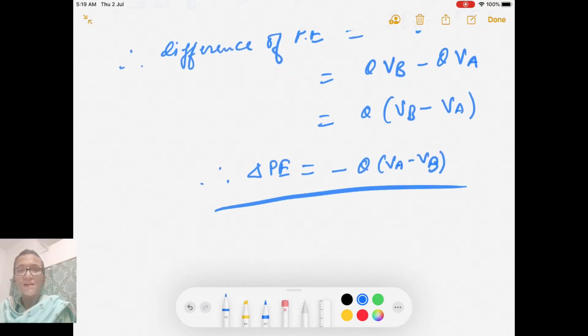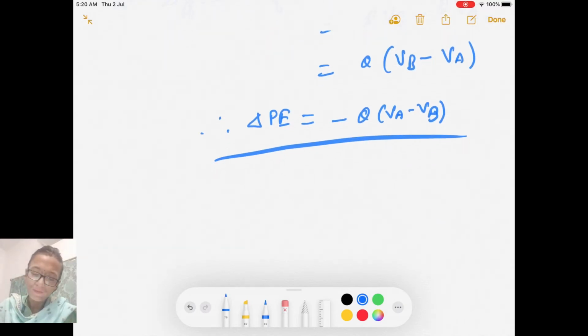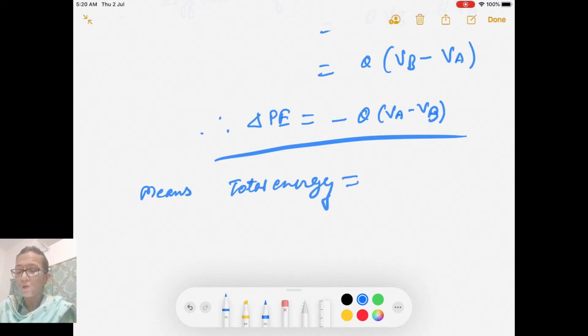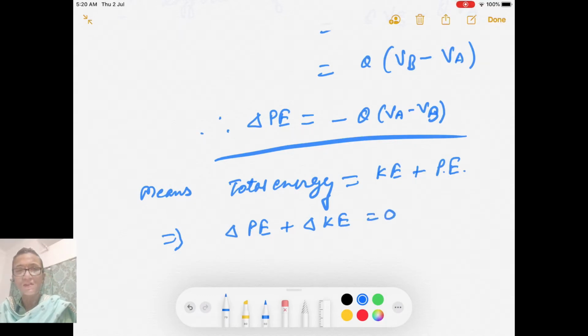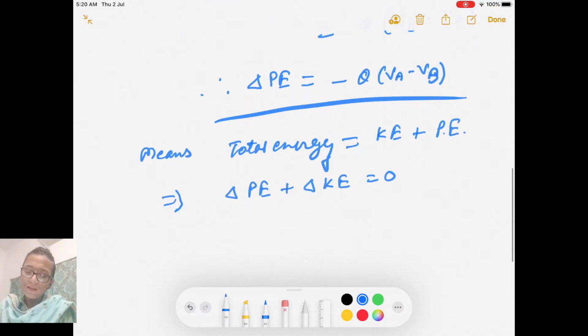And we also know that energy is a conserved quantity. Energy is conserved means total energy is equal to kinetic energy plus potential energy. It implies that change in potential energy plus change in kinetic energy must be equal to 0.